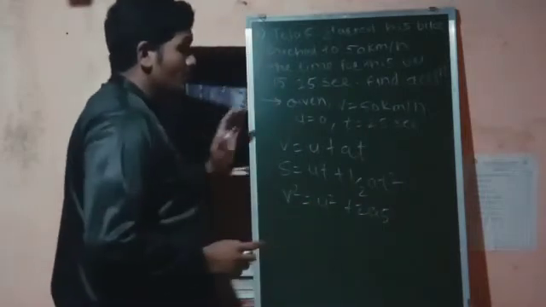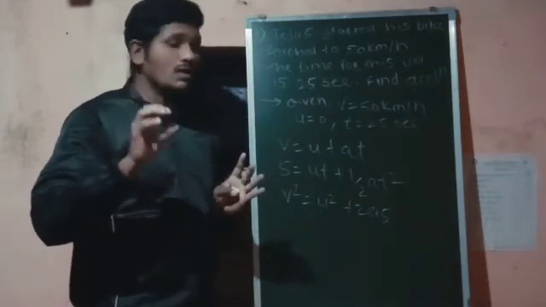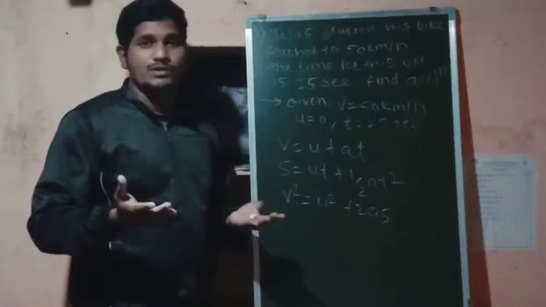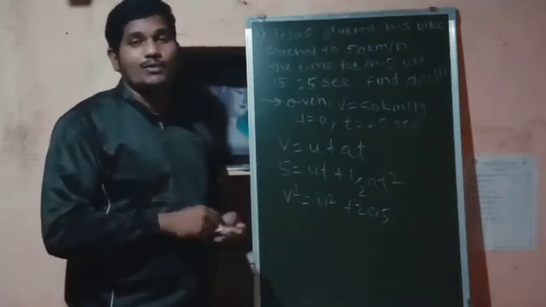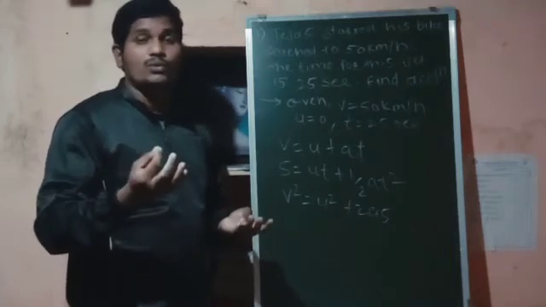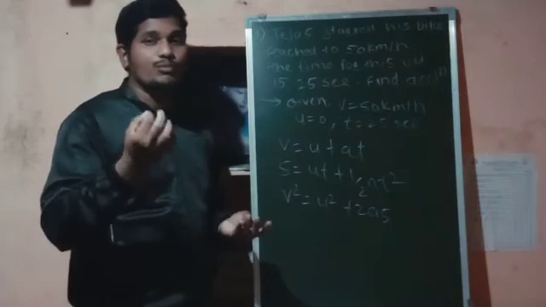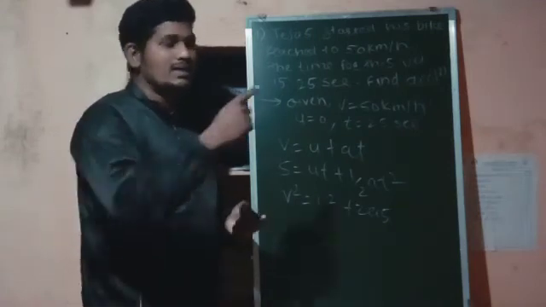Now we have the confusion. Suppose I am also a student, and I have the confusion of which exactly one formula out of these three I have to use. So how will I select the proper and correct formula? We will look at the given terms.